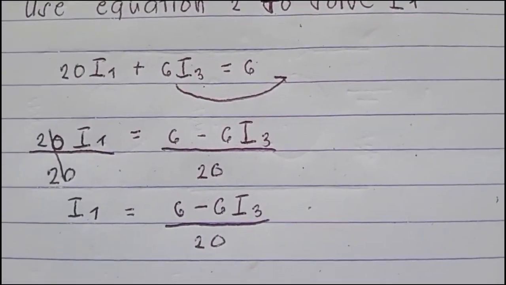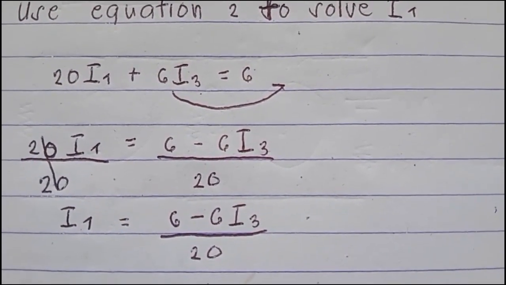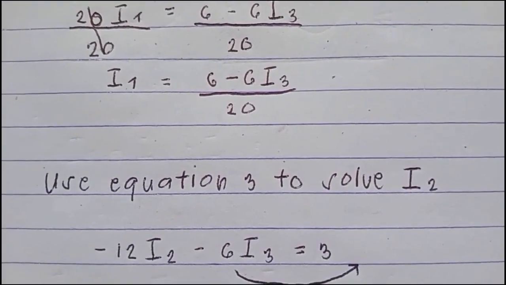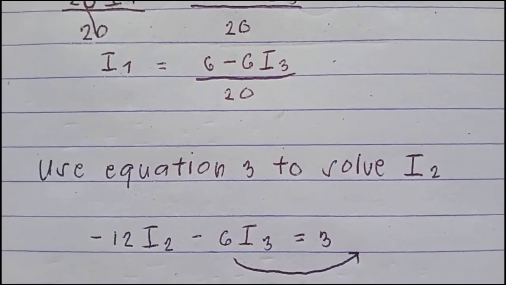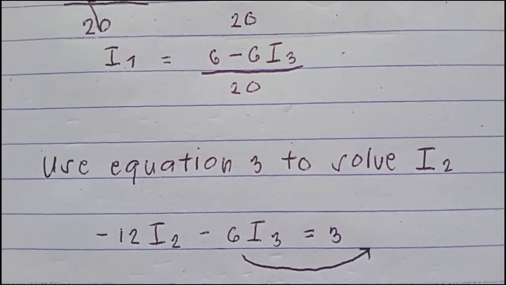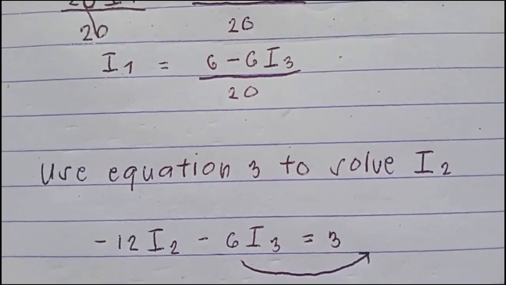The next thing that we would do is to solve for I2. In order for us to solve for I2, we need to use equation number 3. Our equation number 3 is negative 12I2 minus 6I3 is equal to 3.